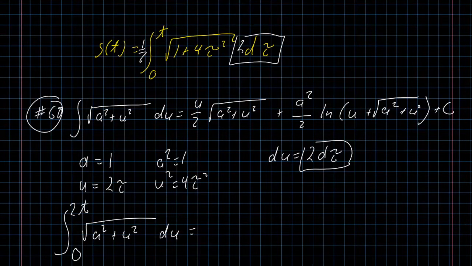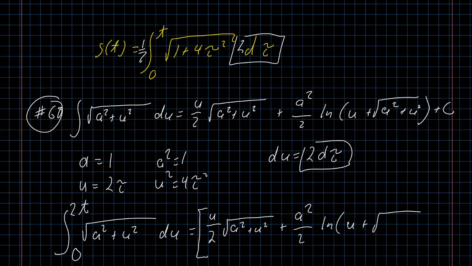And that means that I can use this formula, and the result is going to be u over 2 times the square root of a squared plus u squared, plus a squared over 2 times the natural log of u plus the square root of a squared plus u squared.